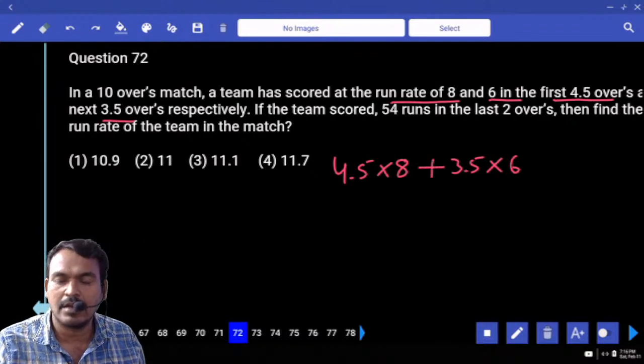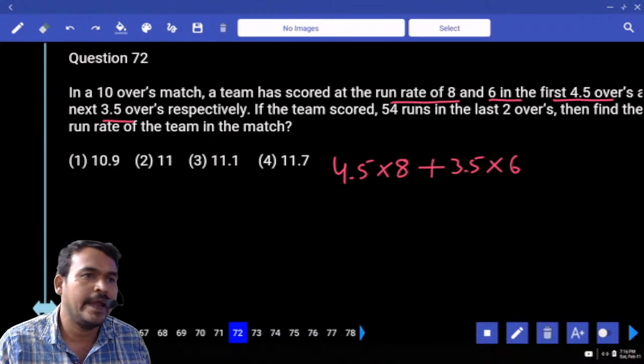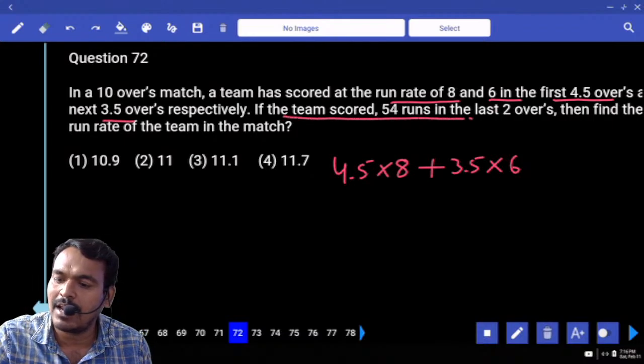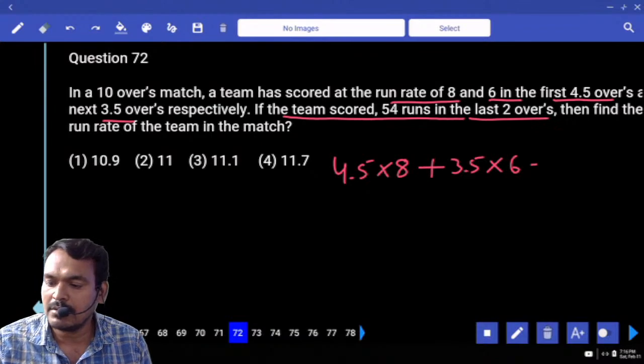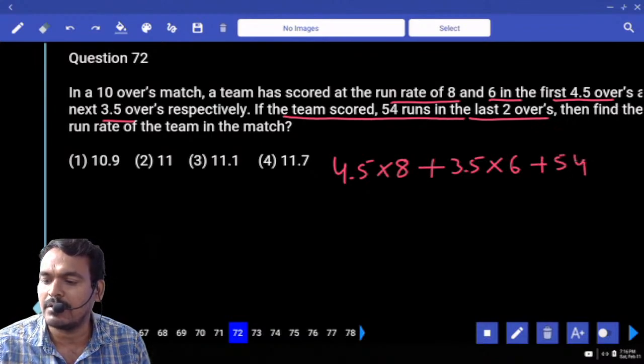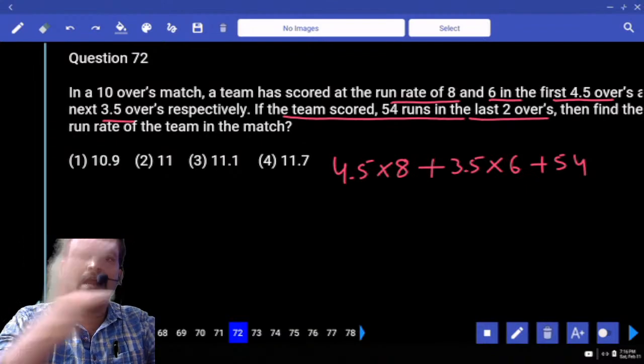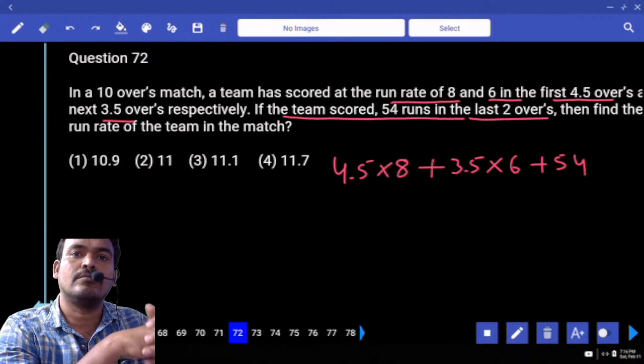4.5 into 8 is the first 4.5 hours score. 3.5 into 6 is the next 3.5 hours score. These two are added, we get the total 8 hours score. And next, the team scored 54 runs in the last 2 hours. Total, these values are added, we get the total 10 hours score.